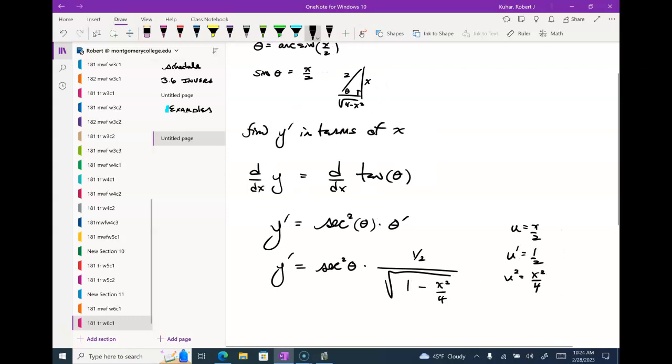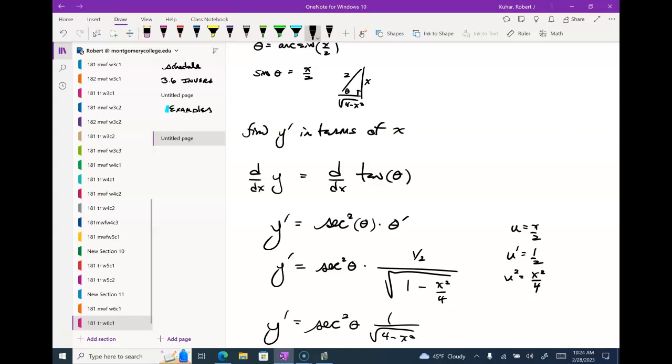I'm pretty sure we remember what that turns into. Do you remember? Yeah, the 1/2s cancel. I did this work before, I don't feel like doing it again. But I know I get 1 over the square root of 4 minus x squared, right? We did this problem already today, yes? But not with the secant squared.